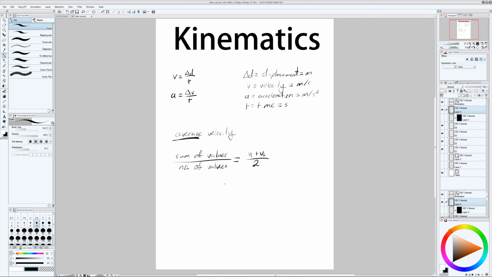And then we can have a look at the other equation, the acceleration. That one is the change in velocity. And so that change in, that's a little bit different to average. Change in is going to be the final value minus the initial value.